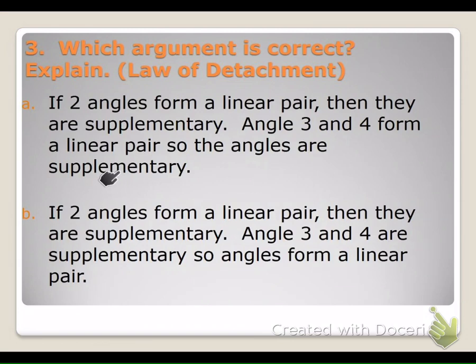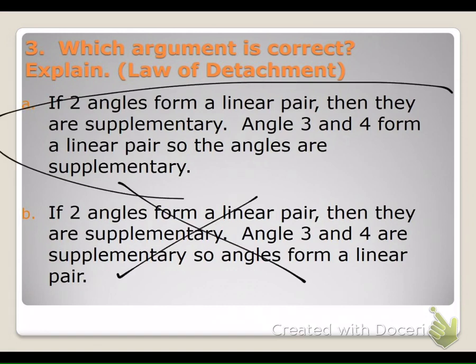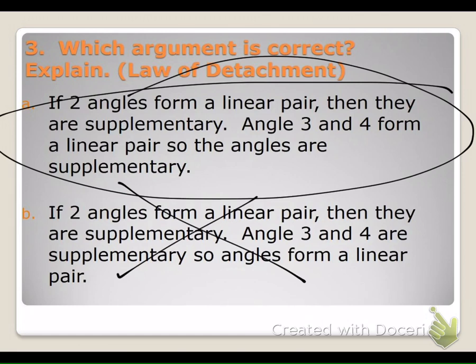Does that follow the correct order, or does this one? If they're a linear pair, they're supplementary. Oh, they are supplementary. So they're a linear pair. Do you see how this one tries to use the argument backwards? That's not allowed. You have to follow in the proper order. So this is the correct one. It's a lot of wordiness, but you just kind of have to map it out a little bit.